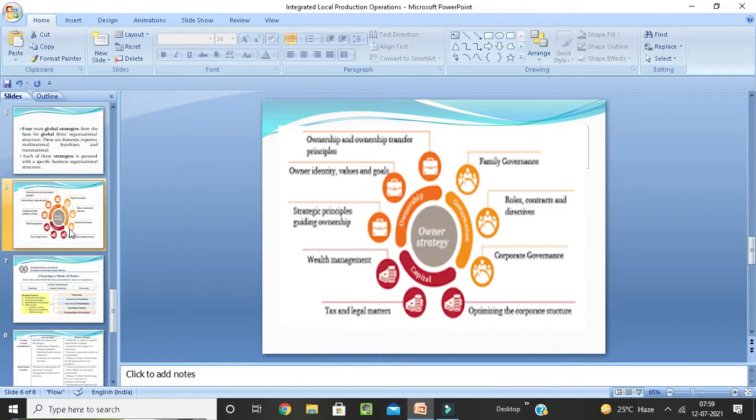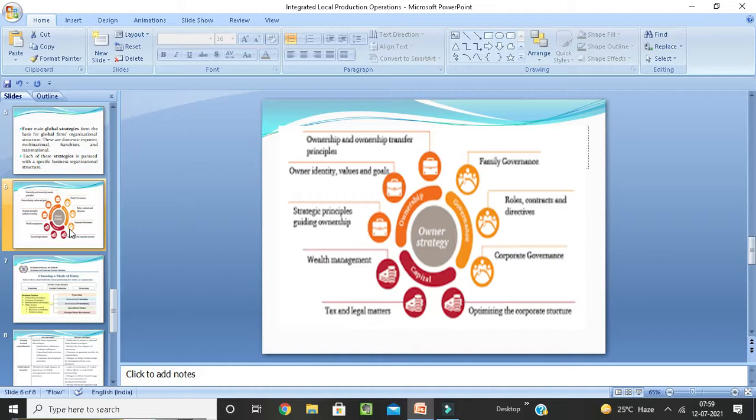They can bring some changes in the product or in the administration. They can remove some features in the product if they get negative feedback, or they can add some features if they get positive feedback from the customer side. So that is important. Ownership strategy is very important.